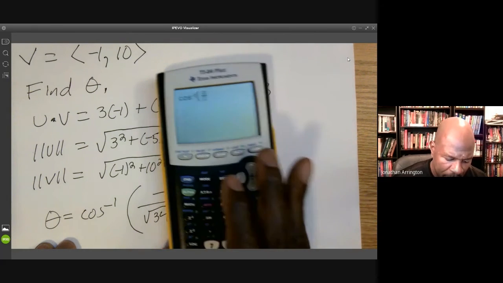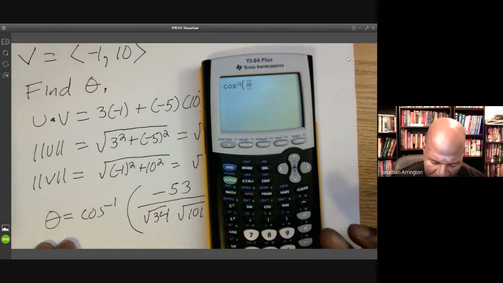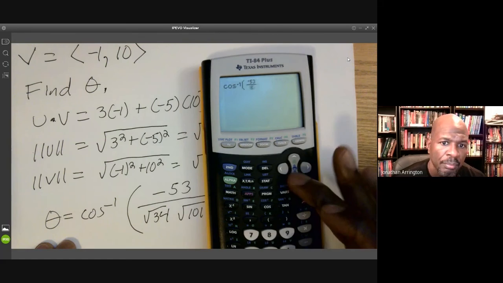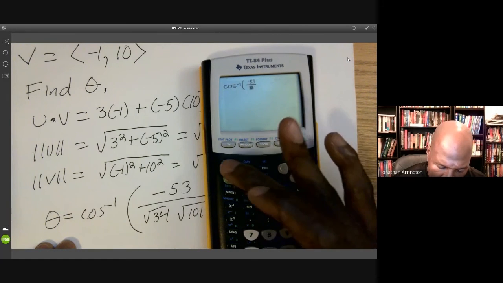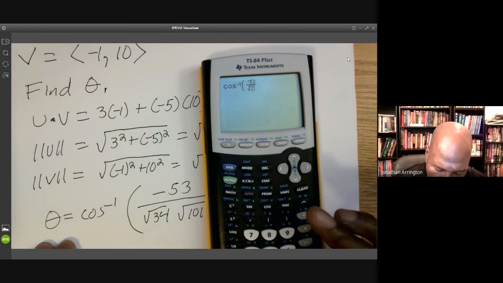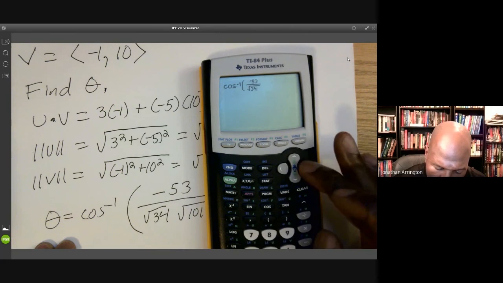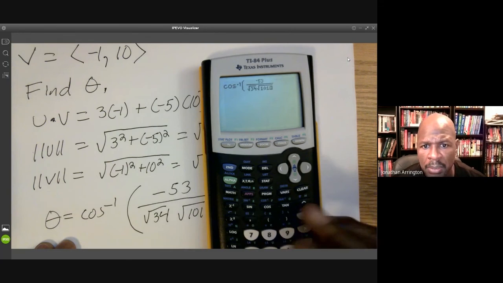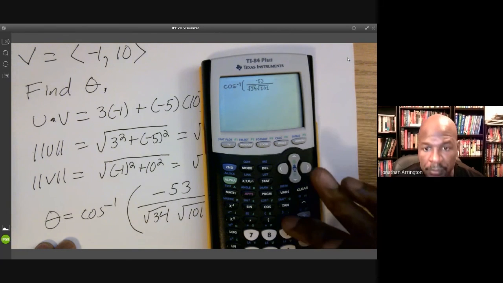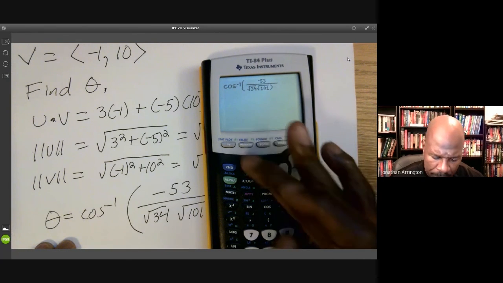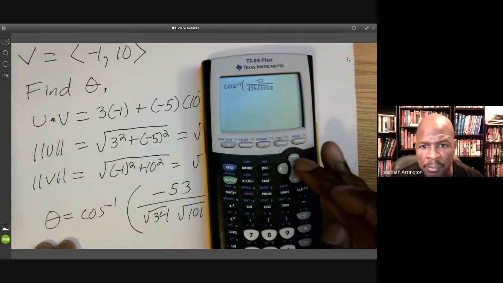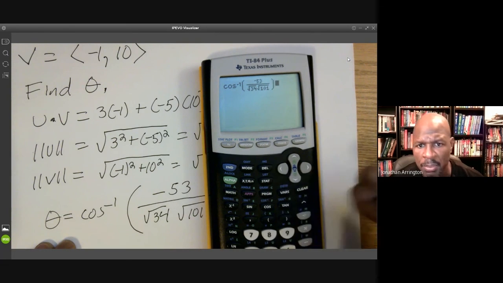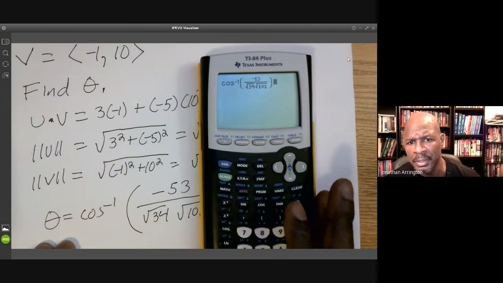And our numerator is negative 53. And our denominator is the square root of 34 times the square root of 101. And I just want to make sure I got everything typed in there good.